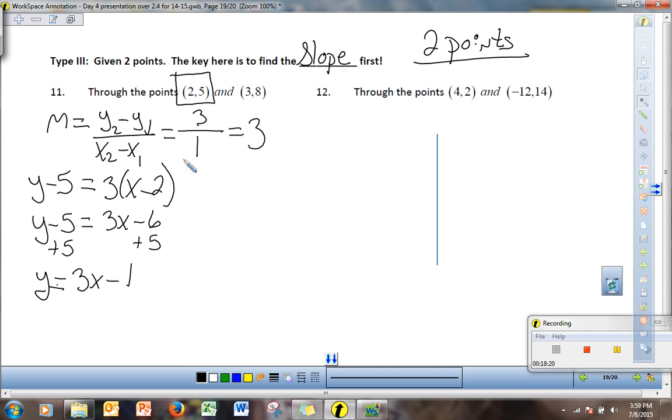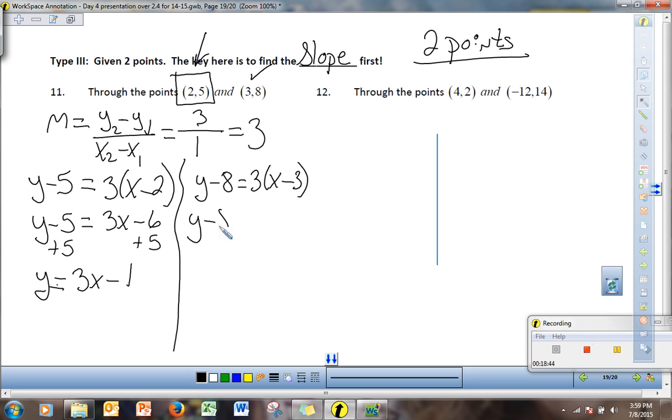Let me show you what would have happened if you would have picked this point instead of this point. Here's what it would look like. I would then have y minus 8 equal my slope, which is 3, parenthesis x minus my x value of 3. Let's distribute.